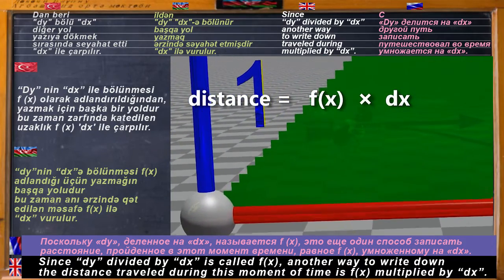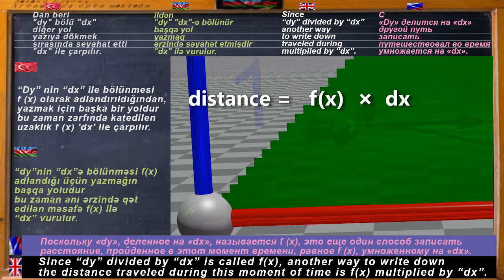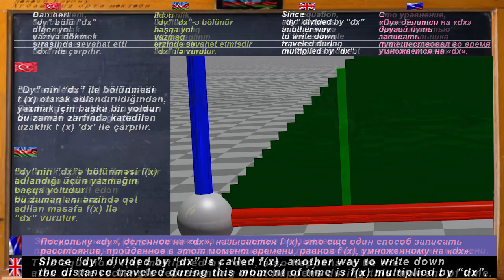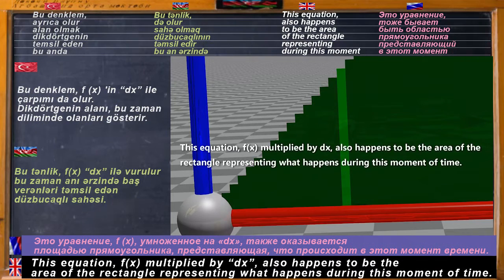Since dy divided by dx is called f of x, another way to write down the distance traveled during this moment of time is f of x multiplied by dx. This equation, f of x multiplied by dx, also happens to be the area of the rectangle representing what happens during this moment of time.